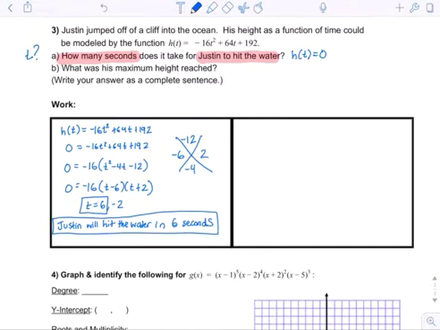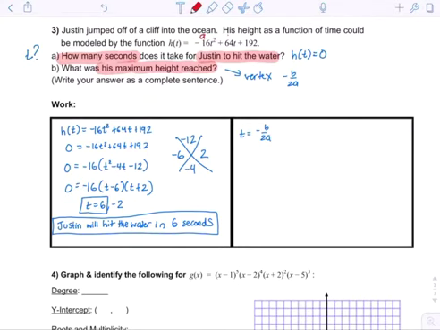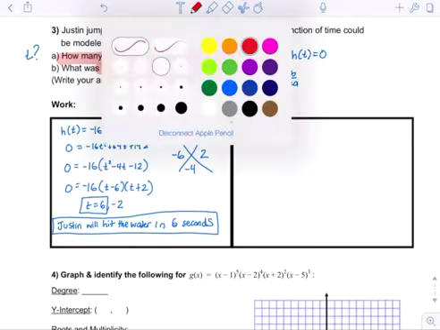All right, part B. We have what is his maximum height reached. So maximum height, you guys, remember to find maximum height, that is the vertex. Negative b over 2a. So we have to find our vertex right now. So t is going to equal negative b over 2a, and if you guys forgot, this is your a value, this is your b value, and this is your c value.